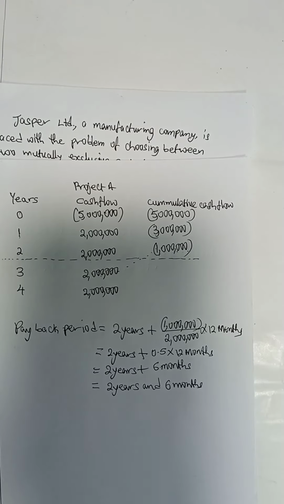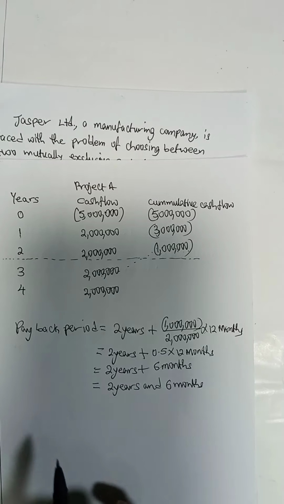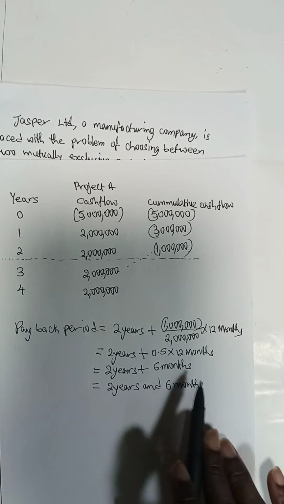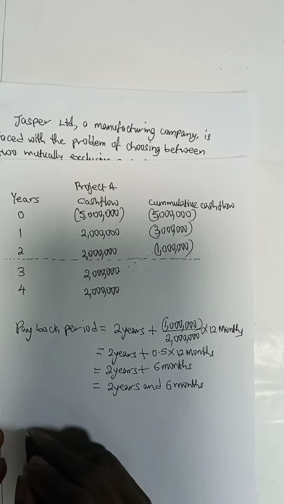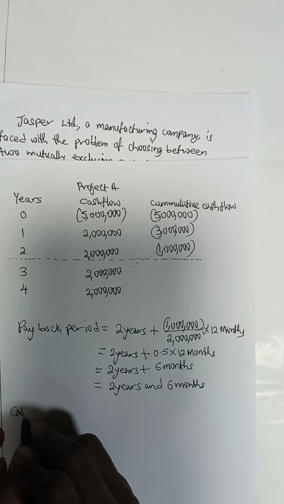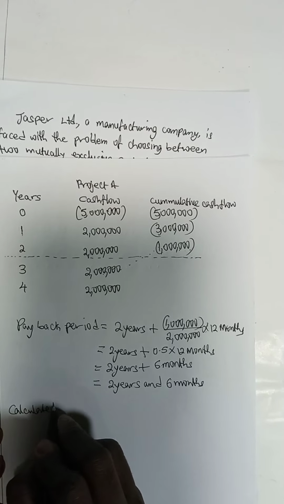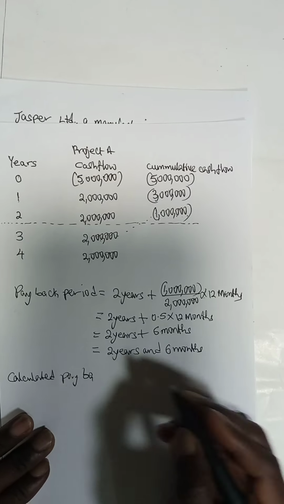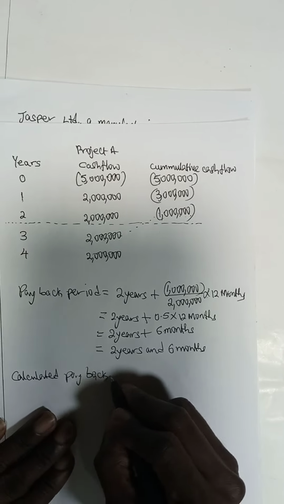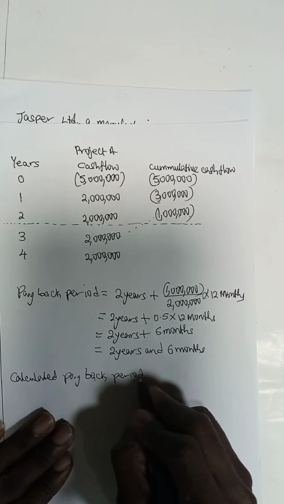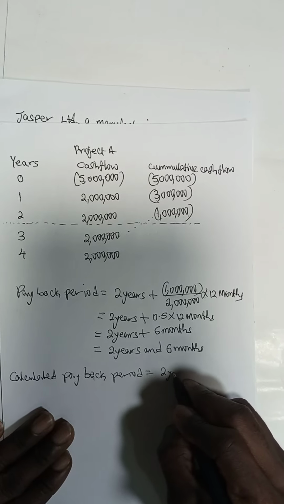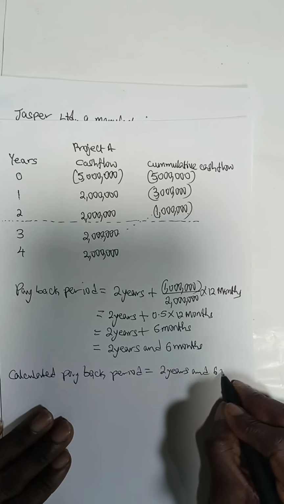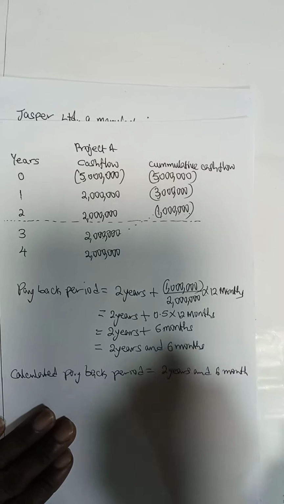The calculated payback period for project B. Don't forget, the calculated payback period for project A is 2 years and 6 months.